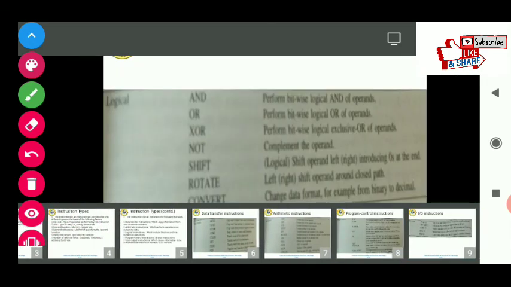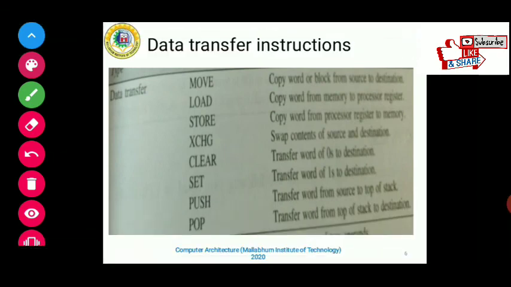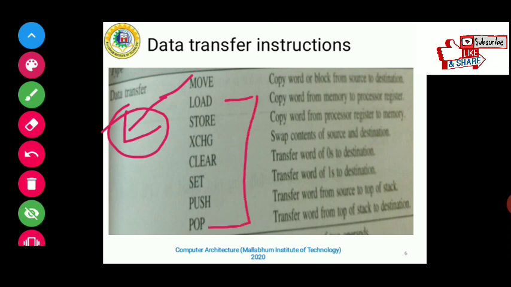Okay, so in this lecture we discussed only the move, and also we have seen the different addressing modes associated with move. We have not shown the addressing modes for all types of instructions, but it is true for all these instructions that different addressing modes are available.